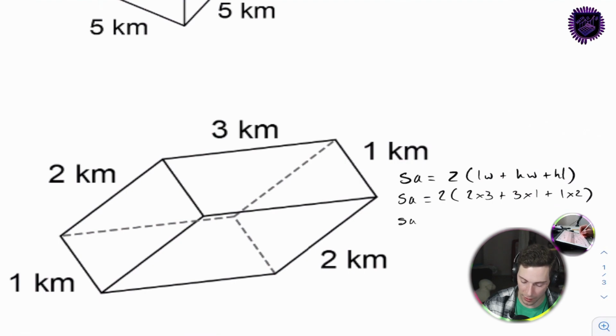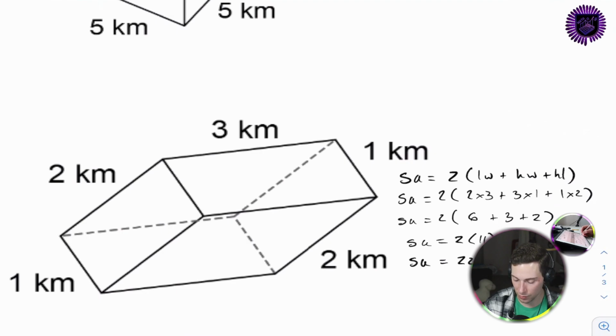So surface area will be equal to 2 times 6 plus 3 plus 2. So our surface area is equal to, what's that, 9, 11, 2 times 11. Surface area is equal to 22 kilometers squared.